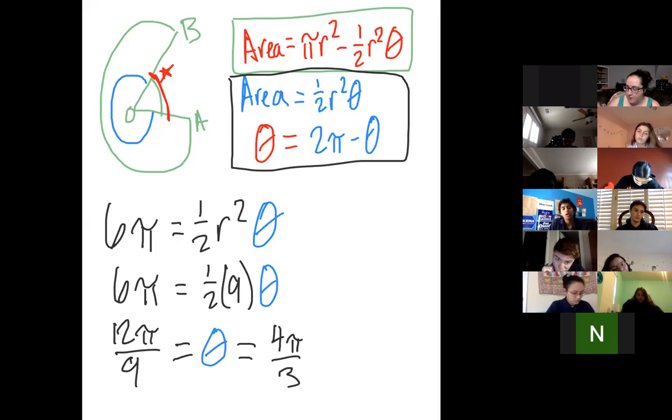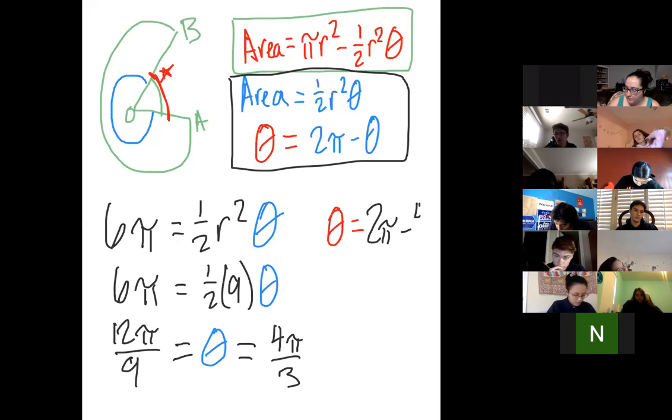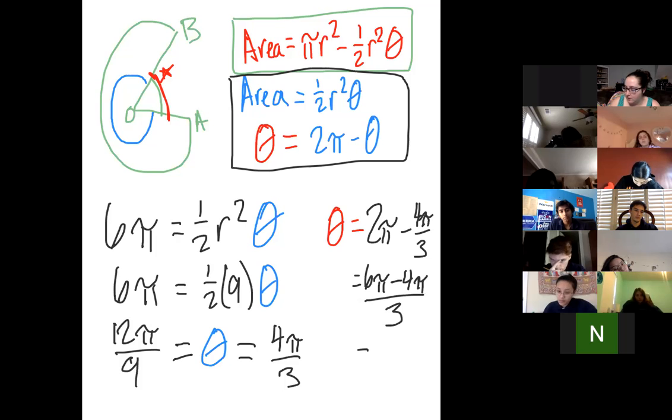But then in order to find my red angle, I have to do 2 pi minus my blue angle, which is 4 pi over 3, which is the same thing as 6 pi over 3 minus 4 pi over 3, which is 2 pi over 3.